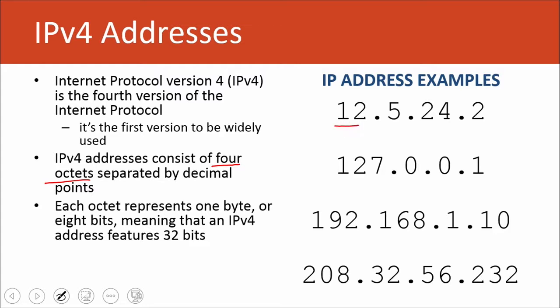So you have 1, 2, 3, 4. We have 4 different examples here. Each has 4 octets, and each octet is separated by a decimal point. You may refer to it as a period, but call it a decimal for this sake. Each octet represents 1 byte, or 8 bits, meaning that an IPv4 address features 32 bits.